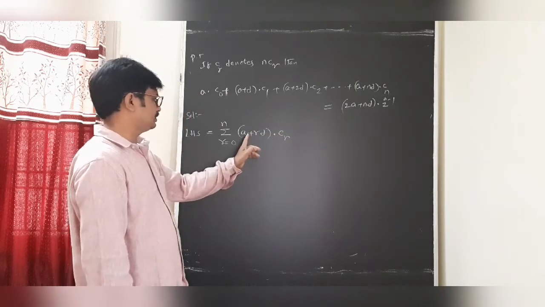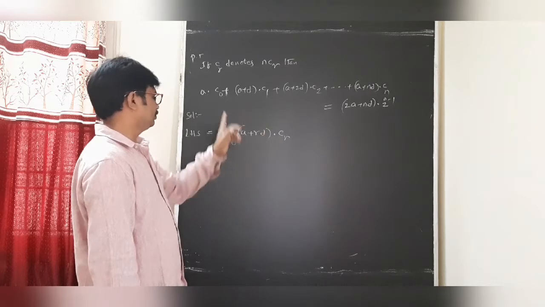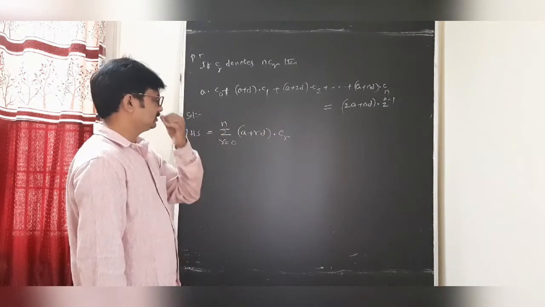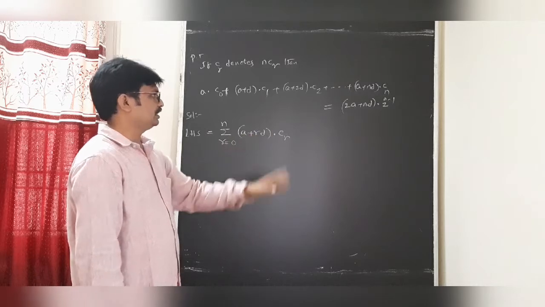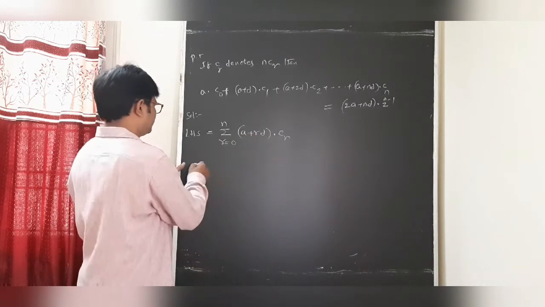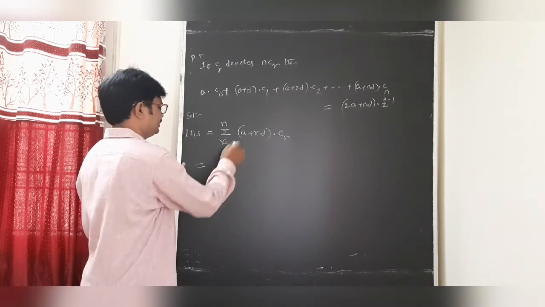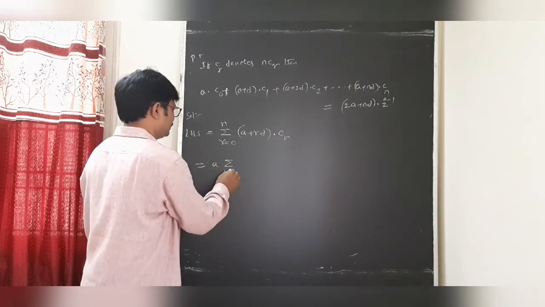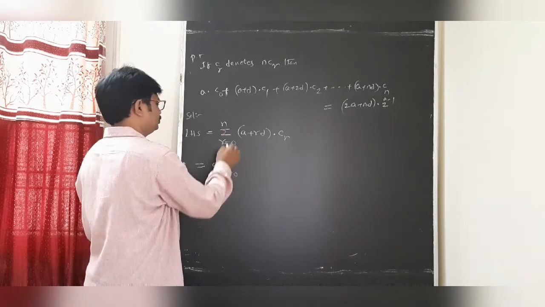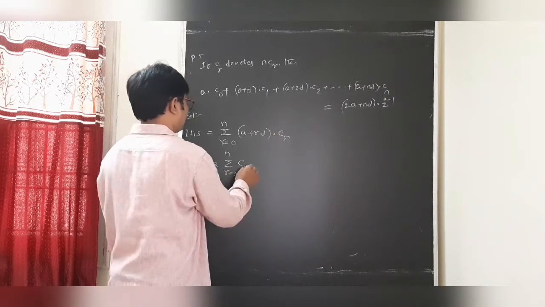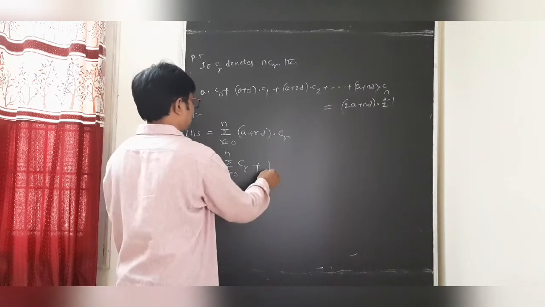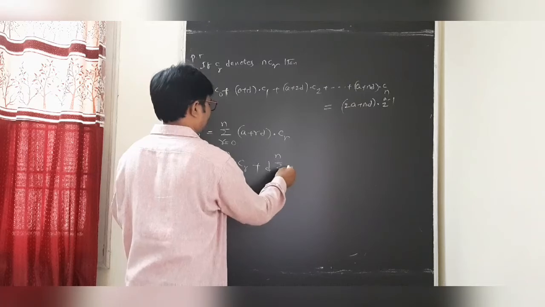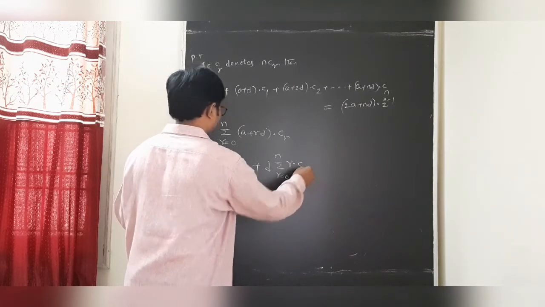First we take 0, this is A, C0. When we are taking r equal to 1, A plus D, C1. Similarly, up to n, A plus nD, Cn. So students, first A is the constant, so A can be written outside of sigma r equal to 0 to n, Cr. After that, D is the constant, sigma r equal to 0 to n, r into Cr.